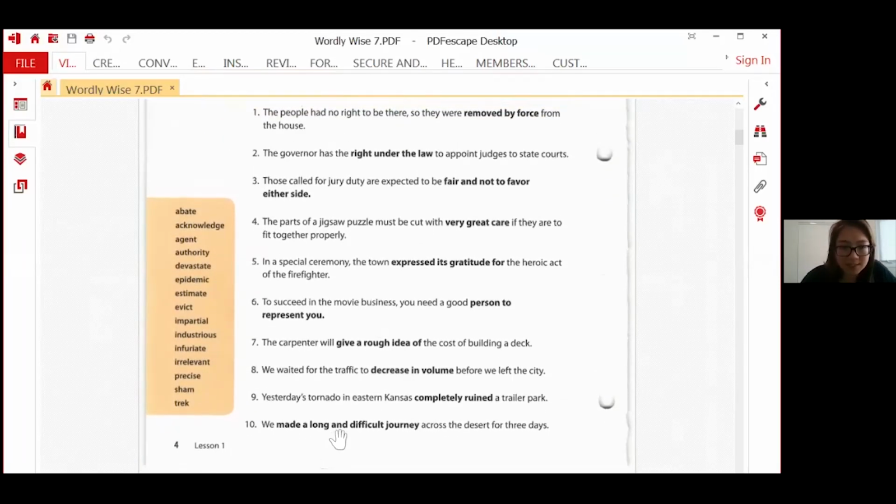So there are 10 sentences here. There are 2, 4, 6, 8, 10, 12, 14, 15 words. So in these 10 sentences, can you match 10 of the words into these 10 sentences for now?